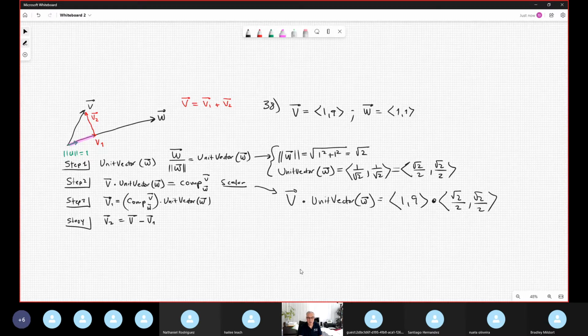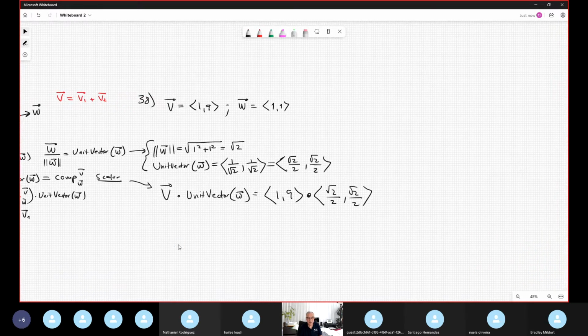I did my paper like that, it's the same. I copy 1 over radical 2, comma, 1 over radical 2. And the dot product is super easy. 1 times this is 1 over radical 2, plus 9 times this is 9 over radical 2.